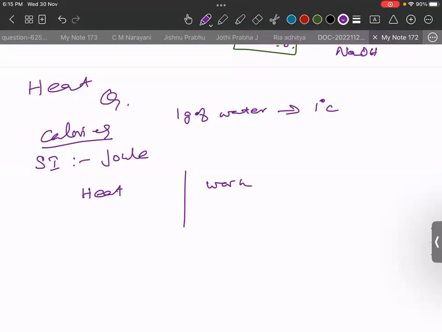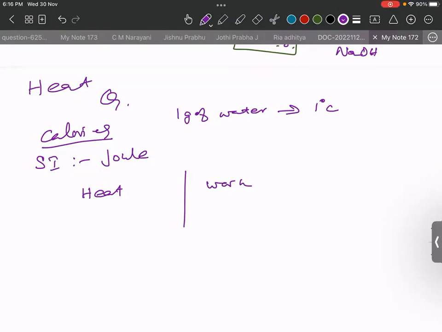You are supplying heat, what will happen? It expands, isn't it? It will expand.